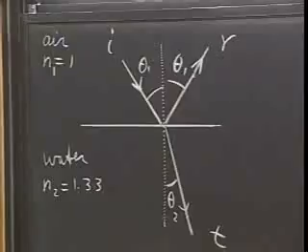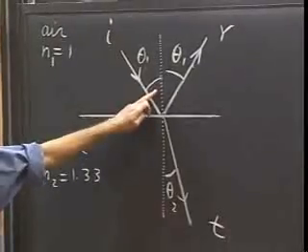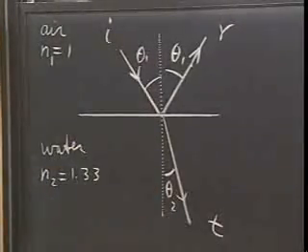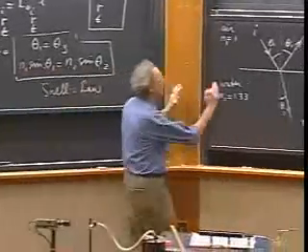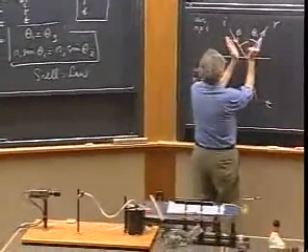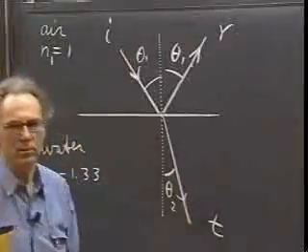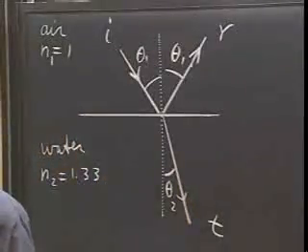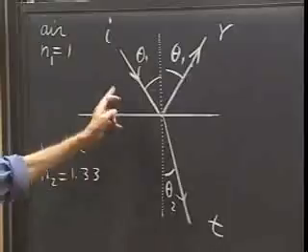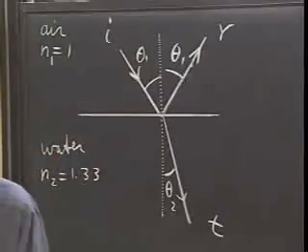And what you see here, and what I will demonstrate, it's not the most exciting thing, that if you increase theta 1, then you will see that theta 2 also increases. That follows immediately from Snell's law. So you make this angle larger, and so this opens up, and this angle also opens up. But what is interesting is that you cannot make theta 1 any larger than 90 degrees.